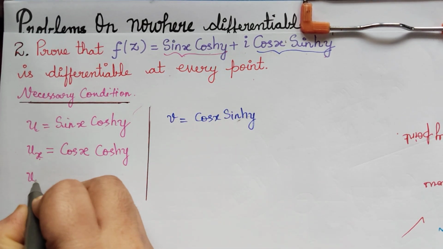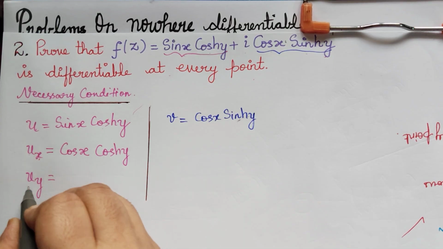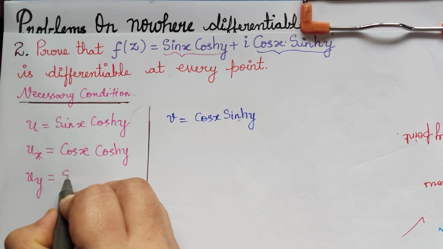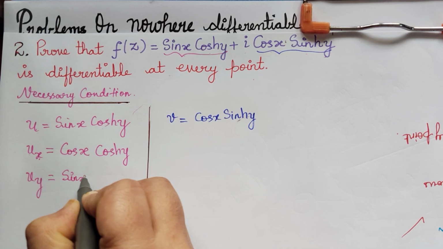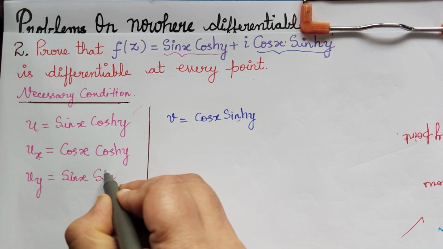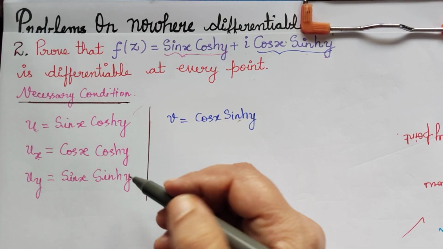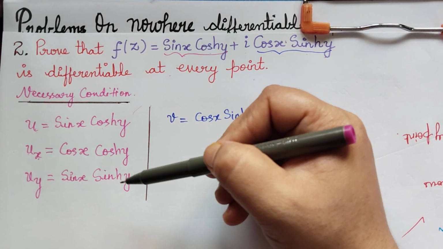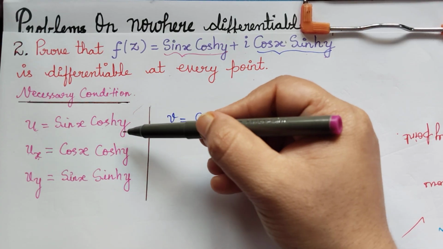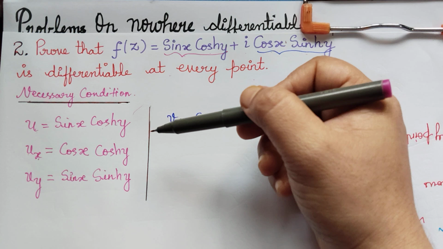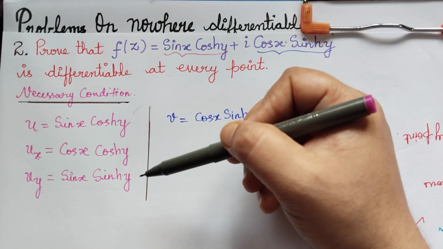Next we have uy. So we have to partially differentiate u with respect to y. So sin x will be treated as constant, so it will come as it is, and the differentiation of cosh y is sinh y. So remember students, the differentiation of cosh y is sinh y, and the differentiation of sinh y is cosh y, and you do not have a negative sign.